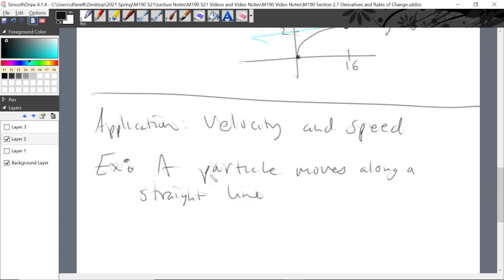I mean, like a car that moves along a track kind of a thing, right?